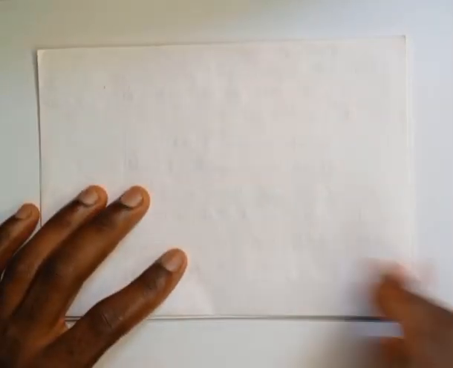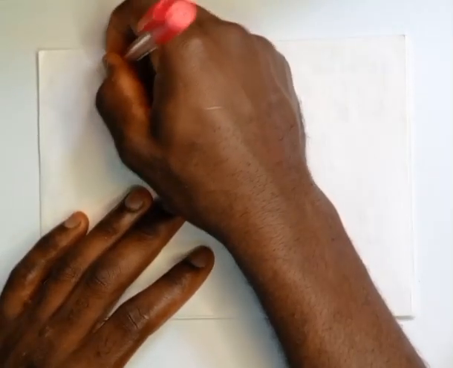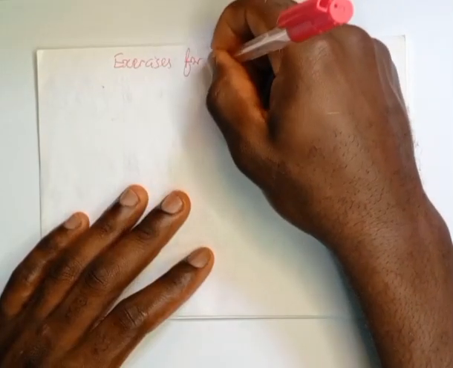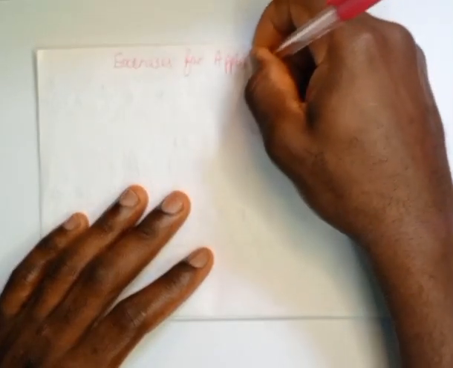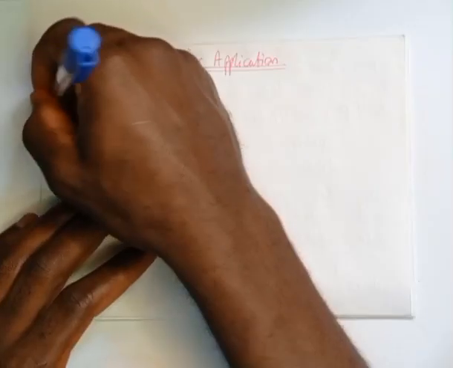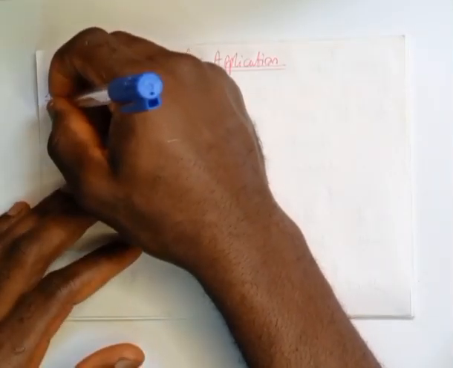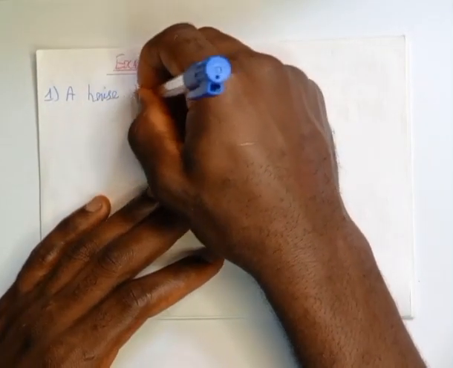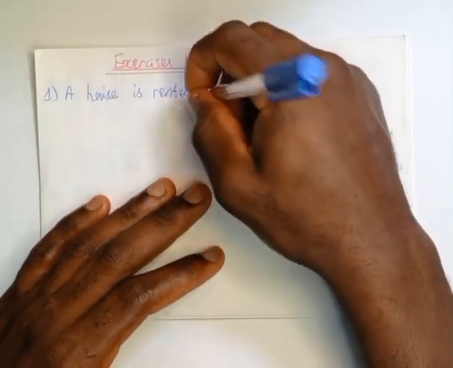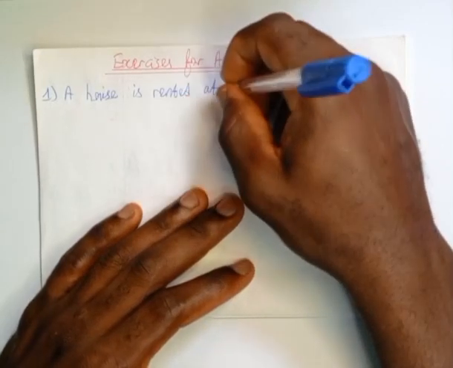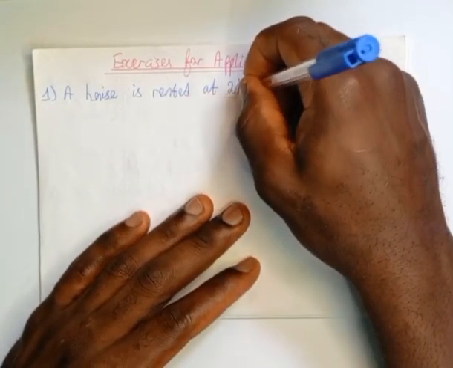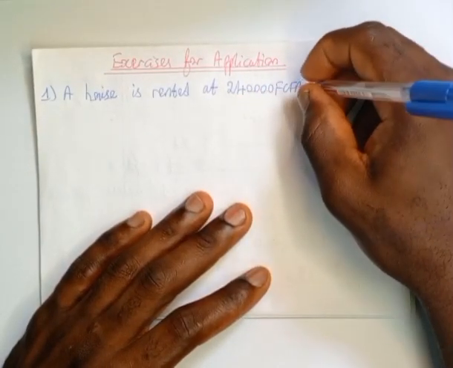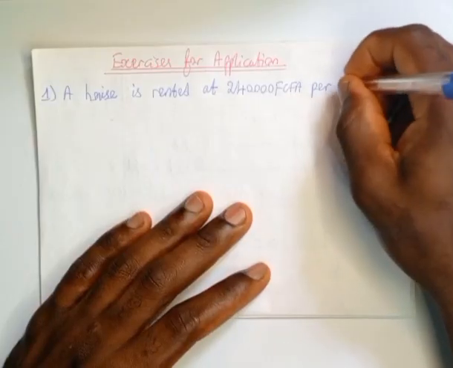We are going to end by taking down the following exercises for application. Exercises for application. Question 1 says a house is rented at 240,000 francs CFA per annum.